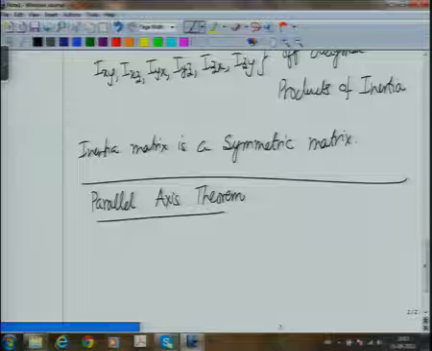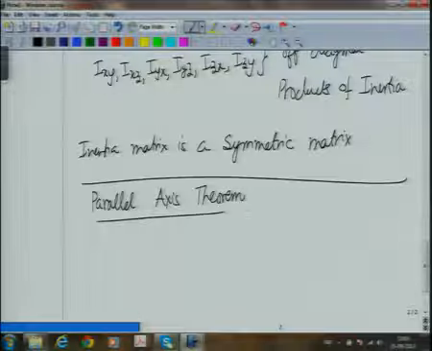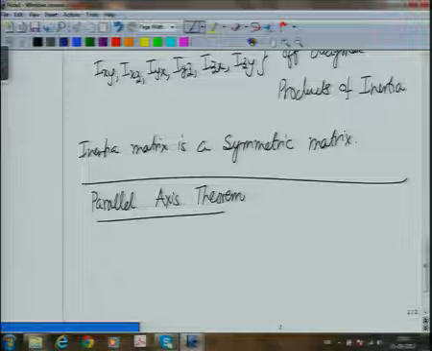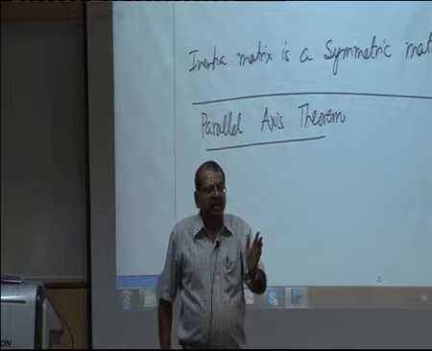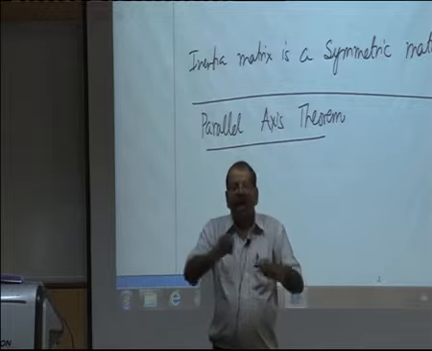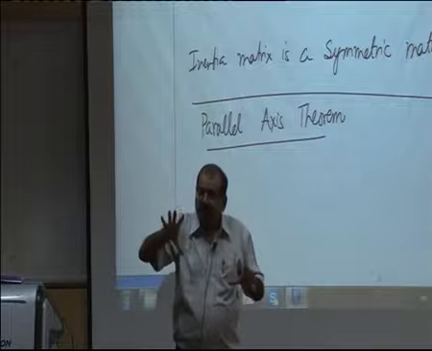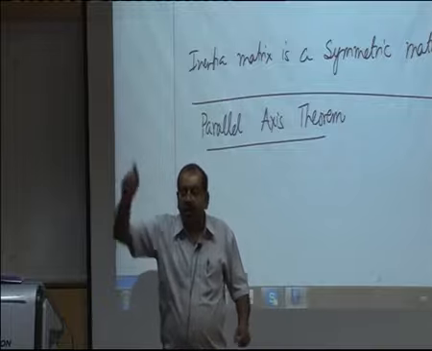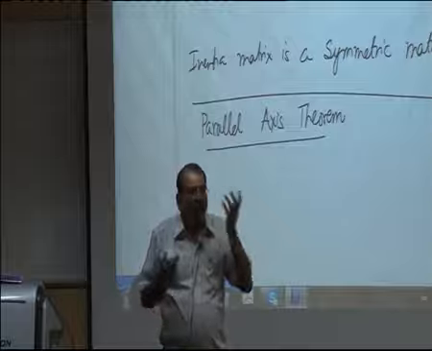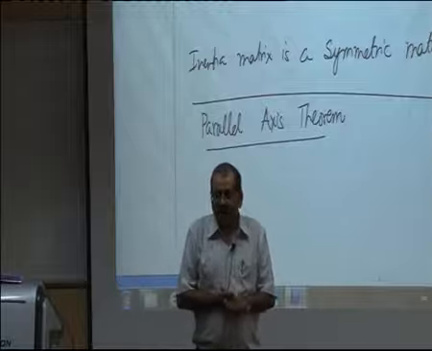That means it can be used for every component of the matrix, every Ix, Iy, Iz. If I know the moment of inertia about the origin at point A, and I want to find the moment of inertia of the same body with the origin at point B, how are these two things related?